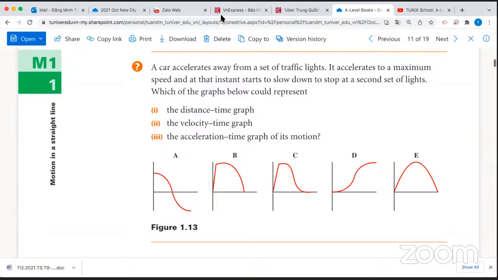Velocity-time. Distance-time graph: I believe E does a good job with the distance-time graph. The velocity-time graph, I would say, there is a possibility that it goes up and then goes down further.